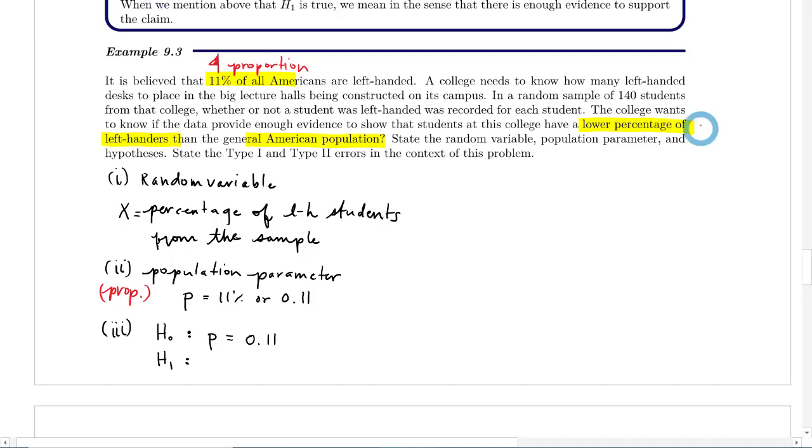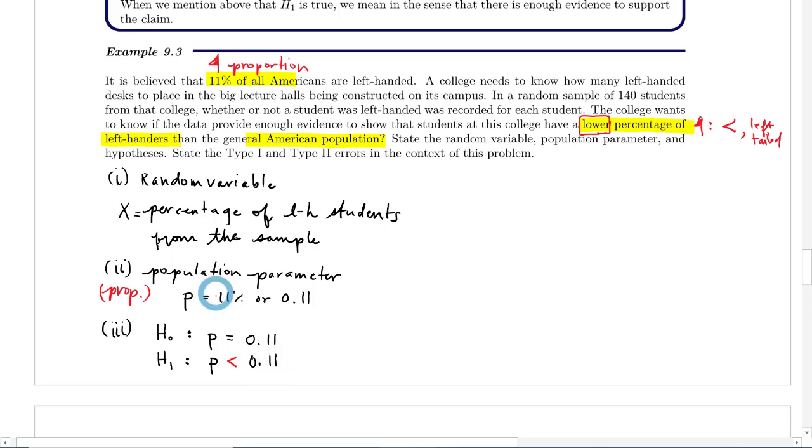So what does lower mean? Does that mean greater than or less than? Well, lower means less than, and means left-tailed. So we know that it's going to be a less than symbol, and we write p, the parameter symbol, and then less than this 11%.